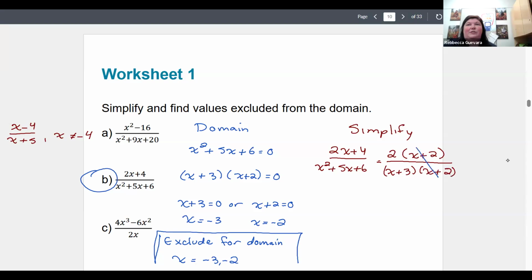So x plus 2 is going to be eliminated, and this simplifies down to 2 over x plus 3. So what we can visibly see is that we have to exclude the negative 3 still. But what got hidden is that negative 2, so we just add on here, well, x also cannot be negative 2.